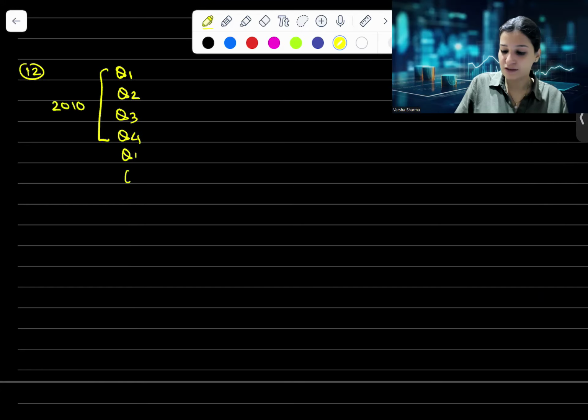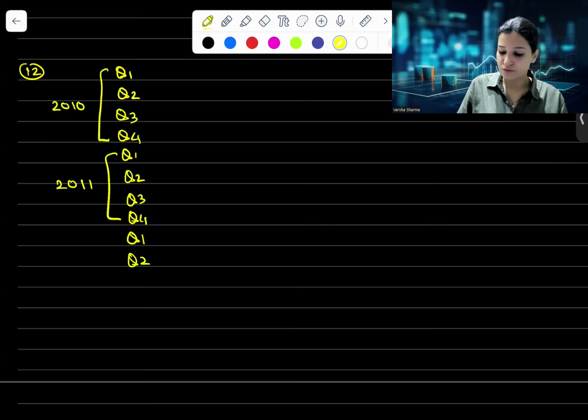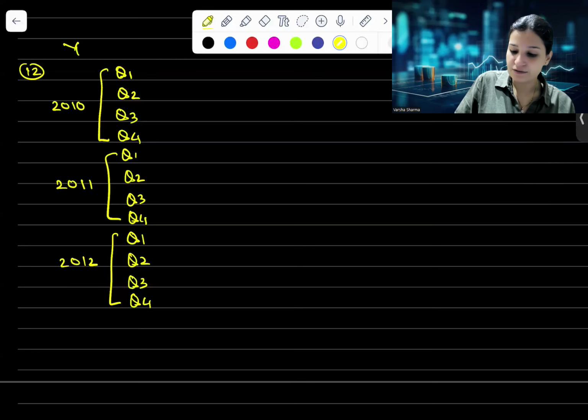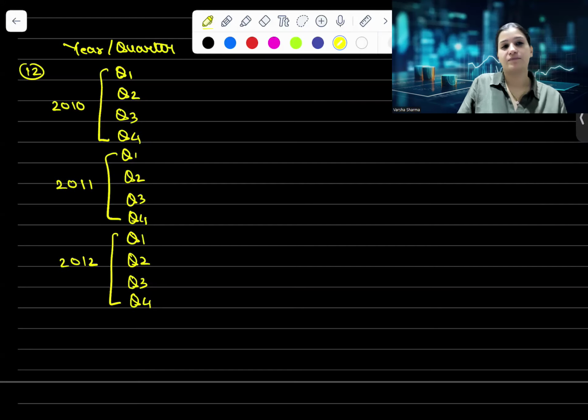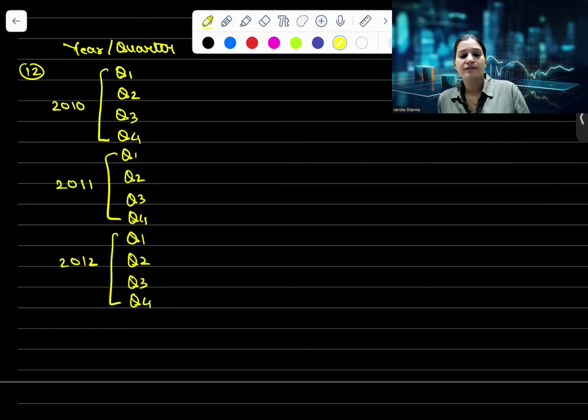Then again Q1, Q2, Q3, Q4 for 2011, and Q1, Q2, Q3, Q4 for 2012. Heading you write year slash quarter. Rest everything is the same. They have asked us to find 4 year, find 4 year. They have asked us to find 3 year, find 3 year. Nothing varies.